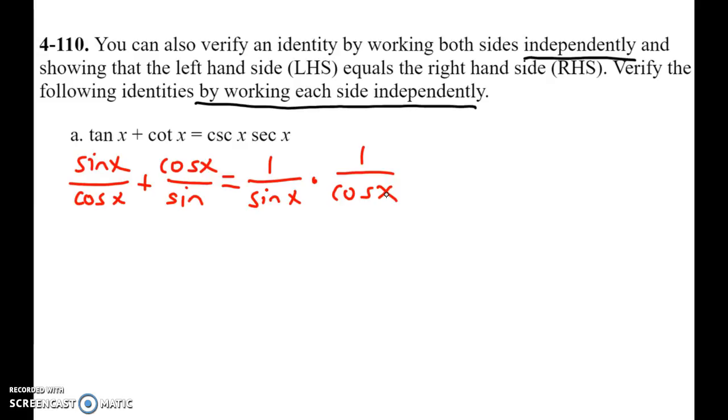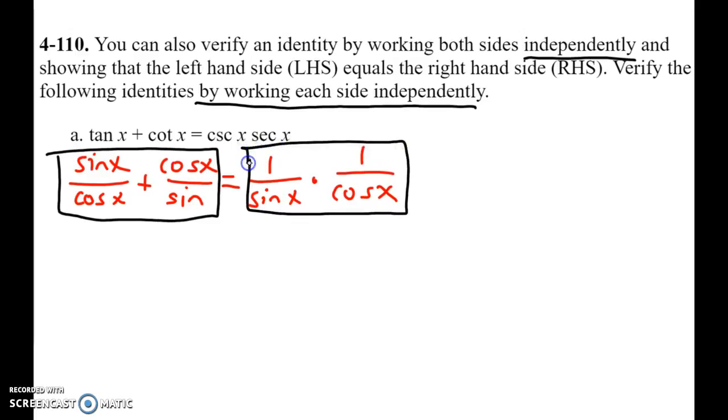Okay, so now I'd like to create a common denominator. I'd like to put together these two to make a single fraction. So that's fraction addition. And put these together to make a single fraction, multiplication. So when I multiply this side, I get 1 over sine x cosine x.